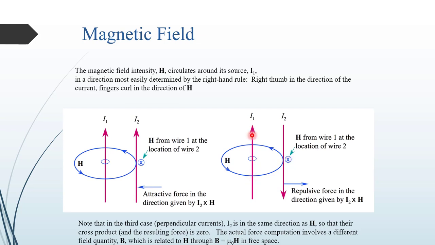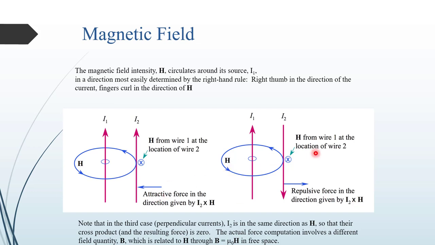Because of I1 only H is generated, and because of I2 no field is generated. So these two fields are opposite to each other, and there is a force of repulsion. H from wire 1 at the location of wire 2 is shown by a cross sign. So the repulsive force is in the direction of I2 cross H.